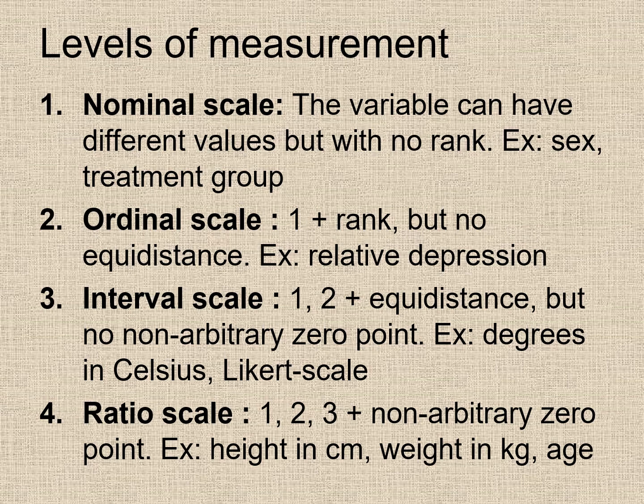If you have a group of individuals and you measure their degree of depression and then you rank them, 1, 2, 3, 4, 1 is the lowest degree of depression, 2 is the second lowest, and so on. Then you know that the higher your value on this variable, the more depressed you are.